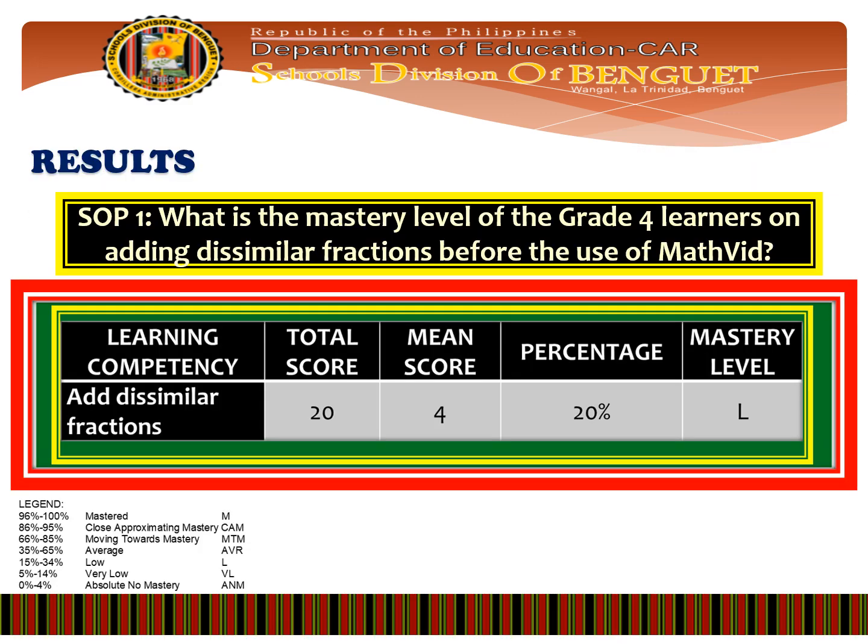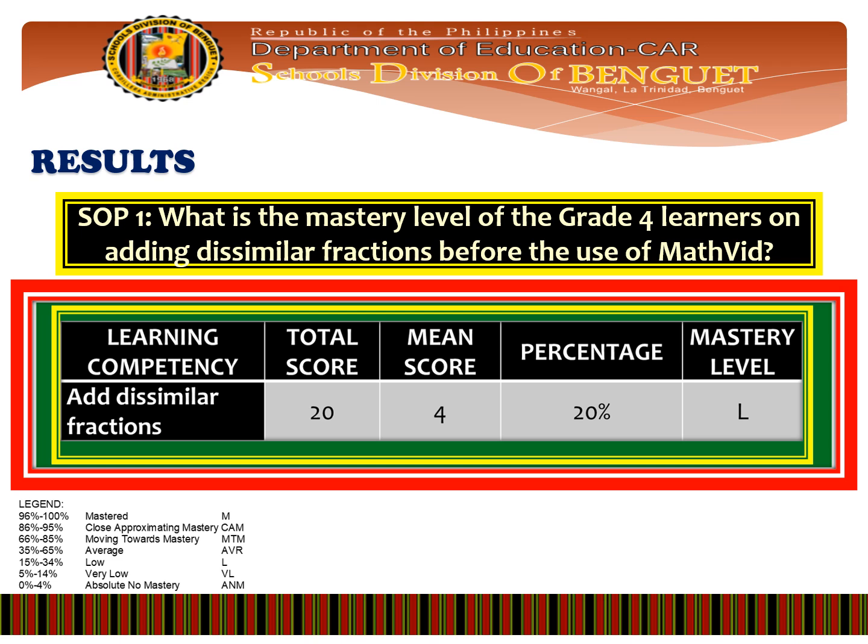The table presents the mastery level of the grade 4 learners on adding dissimilar fractions before the intervention. Results showed the mean score equal to 4 with a percentage equivalent of 20% of the 20 total number of items in the pretest.